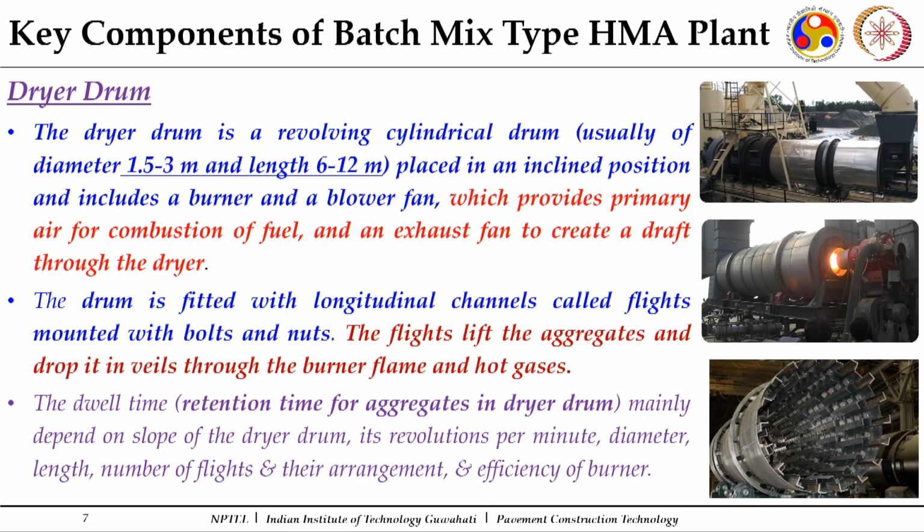Now let us look at the key features of a dryer drum. Usually these dryer drums are revolving cylindrical drums with a diameter of around 1.5 to 3 meters and a length of about 6 to 12 meters, placed in an inclined position. It includes a burner and a blower fan, as you can see in this picture, which provides primary air for combustion of fuel.